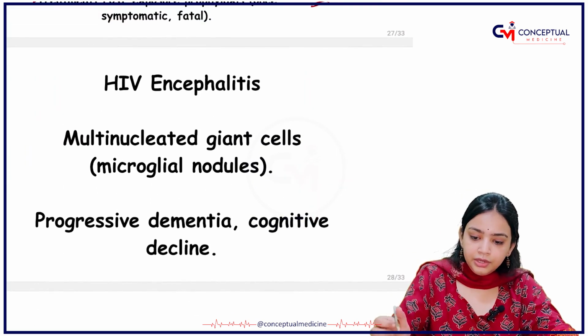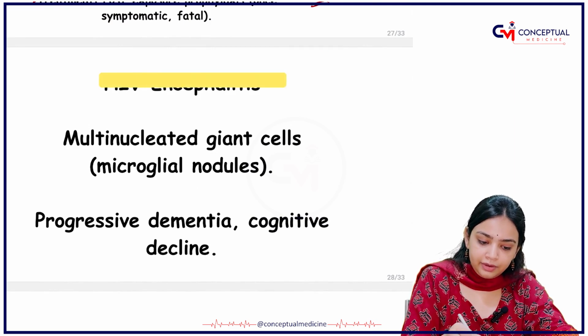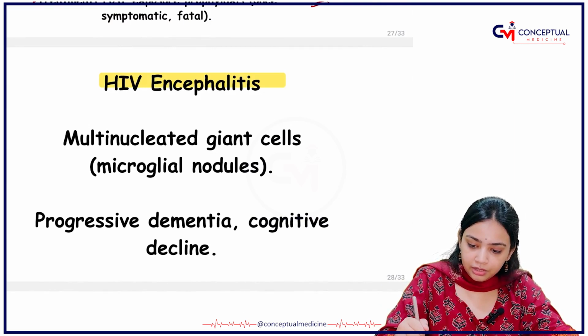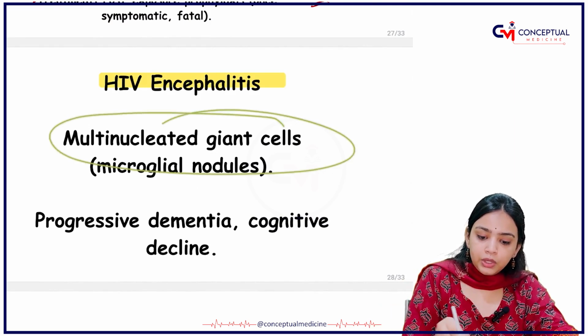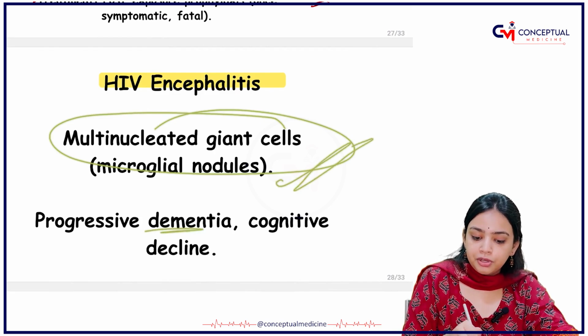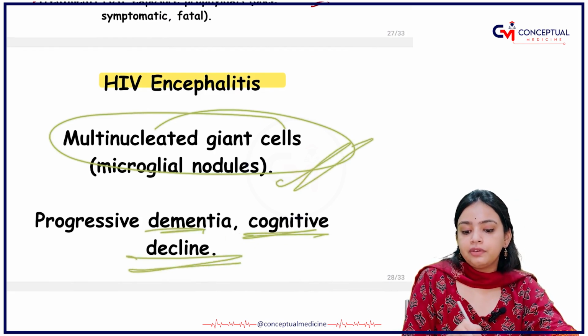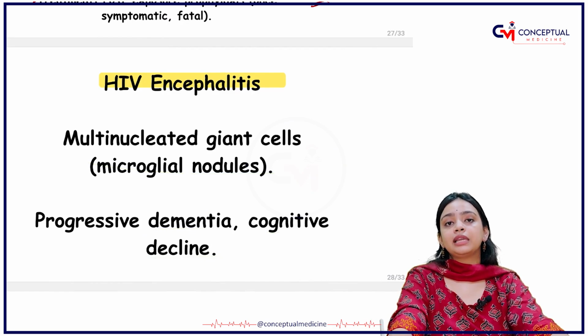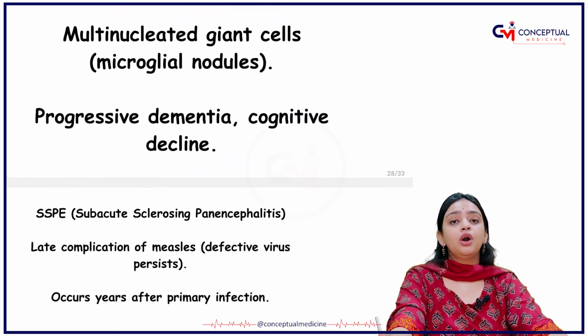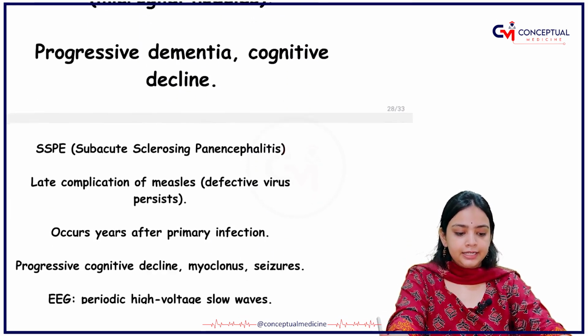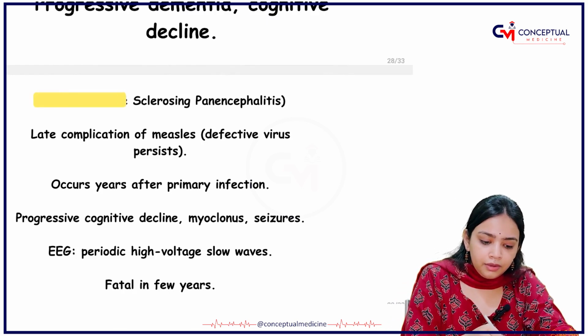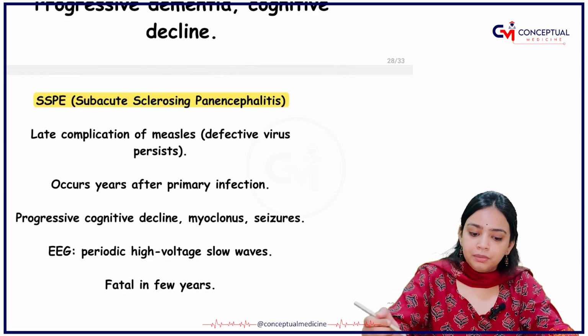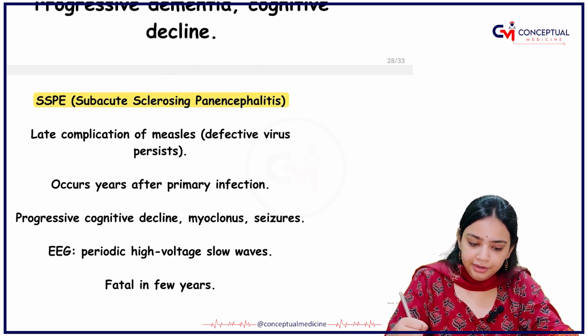Next that you have is HIV encephalitis. What happens here? There will be multinucleated giant cells which progress to dementia and cause cognitive decline. The ability to think of that person will be declined. Subacute sclerosing panencephalitis. What is that?